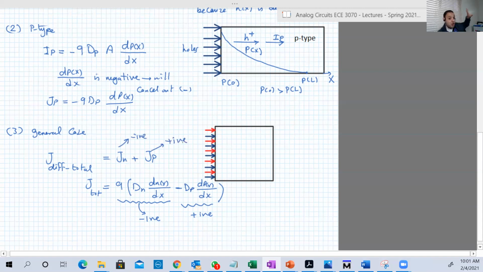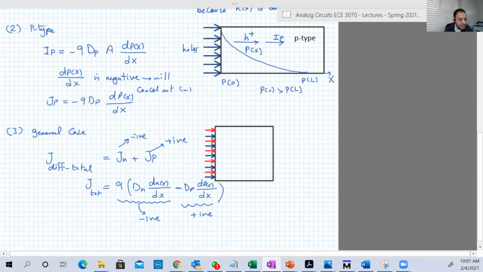With the drift current, if you remember, J total was positive. I mean, or we can say in other words that In drift and Ib drift both were positive. Here they are opposite in sign. Jb is positive and Jn is negative.